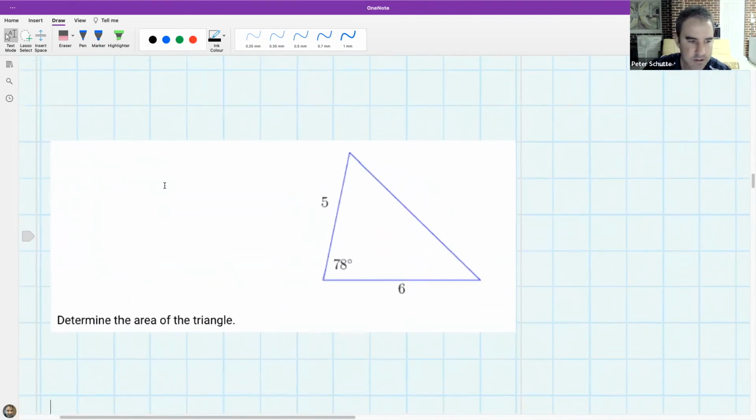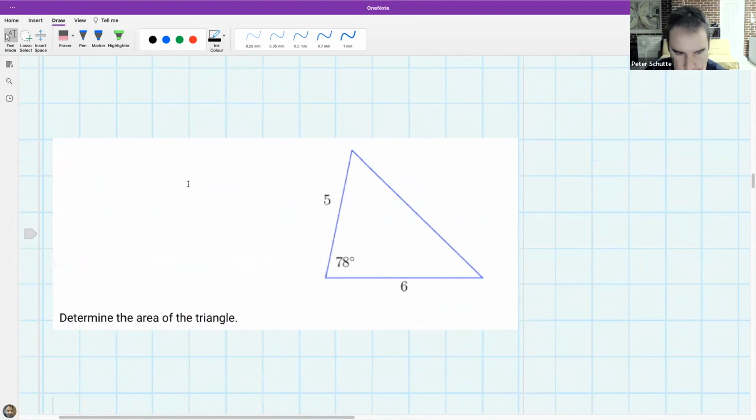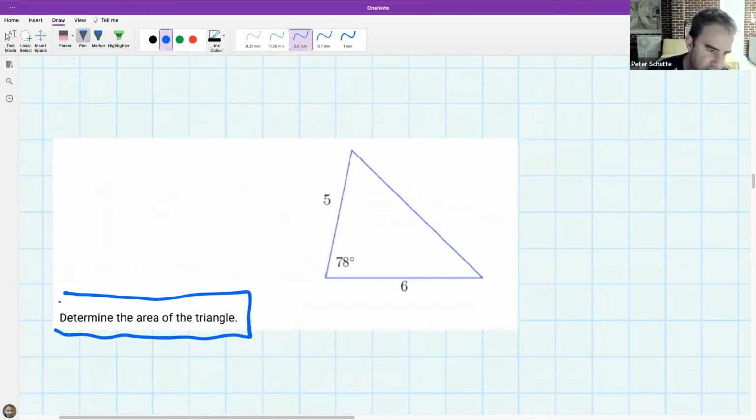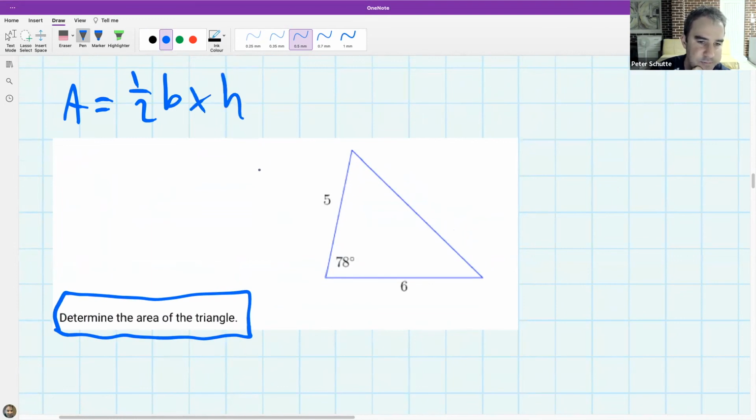If I gave you this particular triangle and, like earlier in the lesson, I said find the area of a triangle, you could do that, right? What was the formula that David gave us? He said the area of a triangle is a half base times the height.